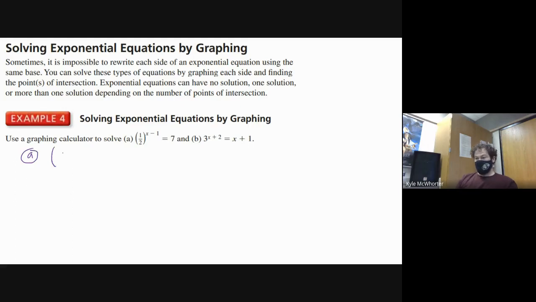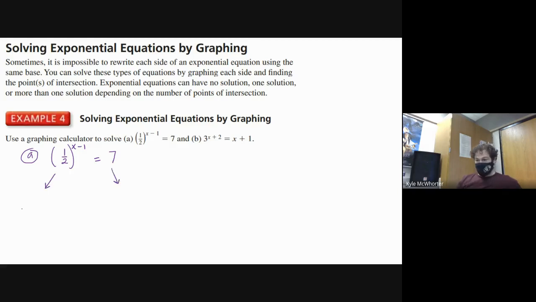And so if you look at A, we got 1/2 to the x minus 1 equals 7. Now I could rewrite the left side as a power of 2, but I can't rewrite the right side as a power of 2. So what I'm going to do is I'm going to graph each side of the equal sign. So each side of the equal sign is going to give me a different thing to graph.